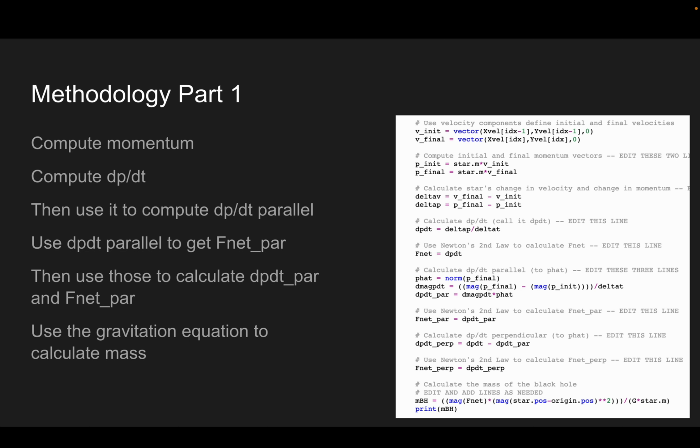So the methodology I used for part 1 in the computer simulation was that first I computed momentum, and then I used that to compute dp/dt, since I had the change in momentum and the change in time. Then I calculated the parallel and perpendicular aspects of that, and since we know that force net is equal to the parallel and perpendicular aspects, once you break force net parallel and force net perpendicular down, you can set those equal to each other, and you can say force net equals dp/dt.